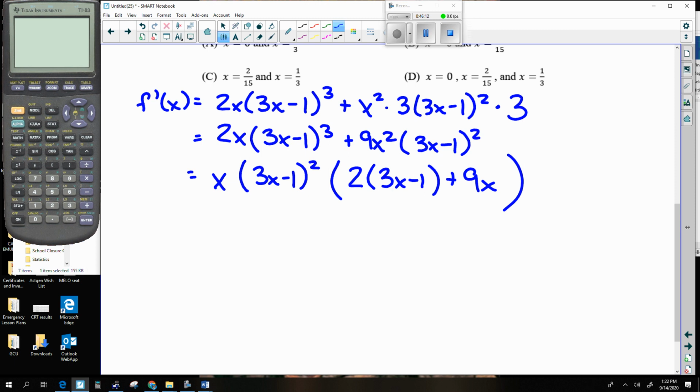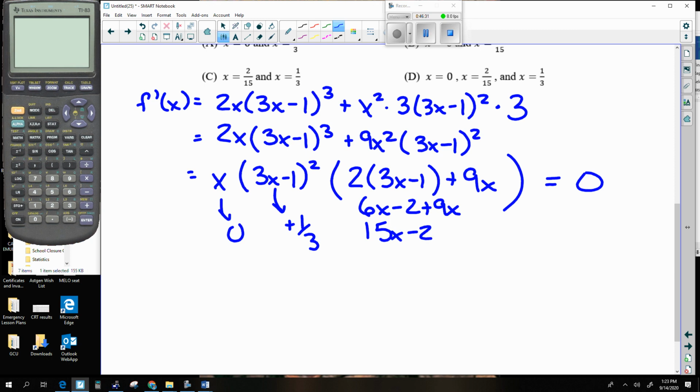There it is, 9x is that piece. Okay, sorry. And so again, what I'm looking for is where is this equal to 0? So I have a 0, a positive 1/3, and this bit is 6x minus 2 plus 9x. And so that's going to be 15x minus 2. And then if that's equal to 0, this is positive 2/15. So all three of those things.